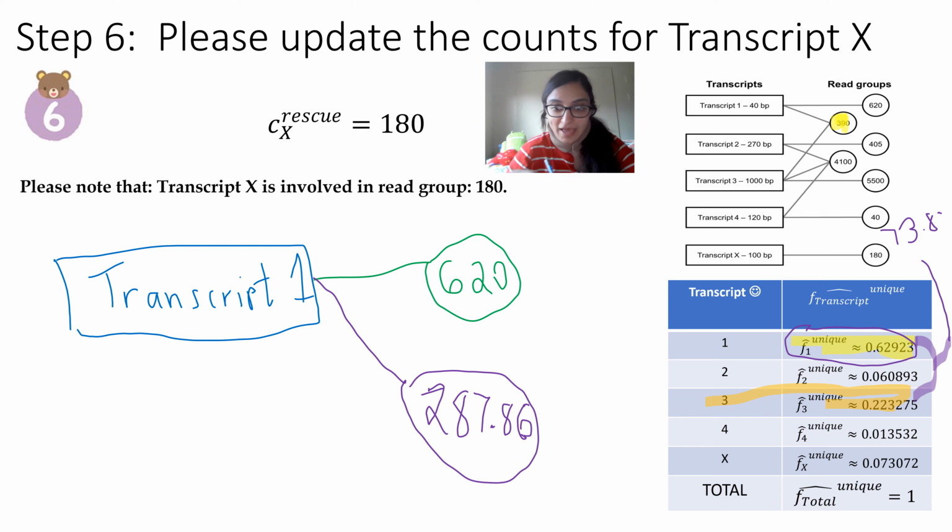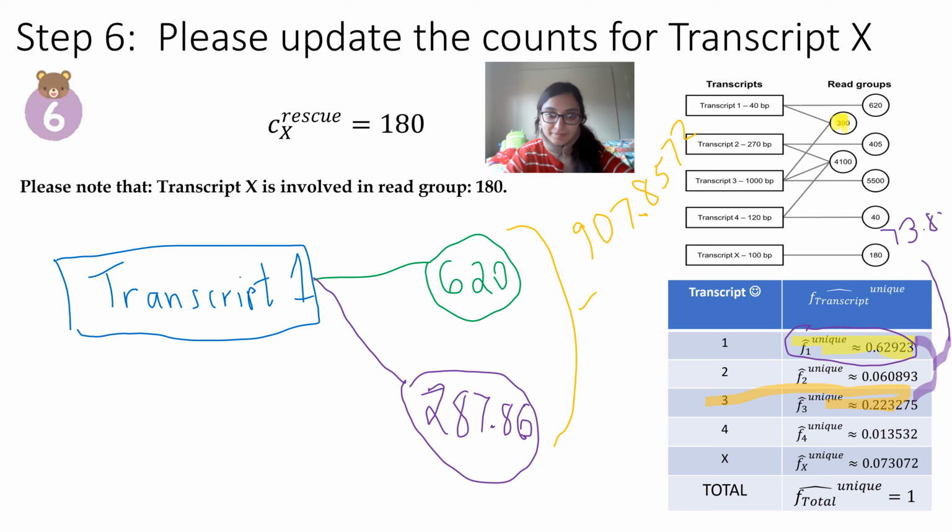So then when we add them up together, what we will end up getting is 907.8572. So we end up getting this value here, which would be the total count for transcript 1.